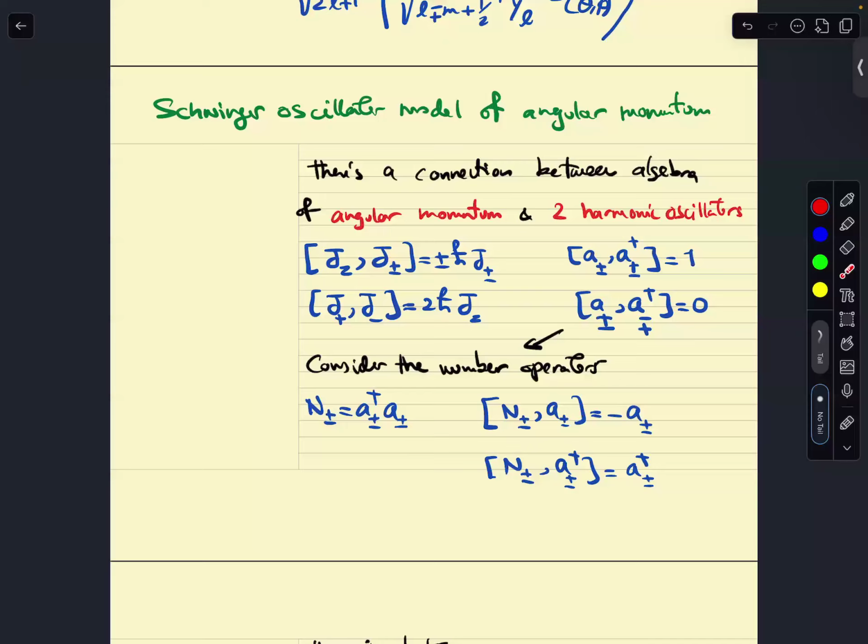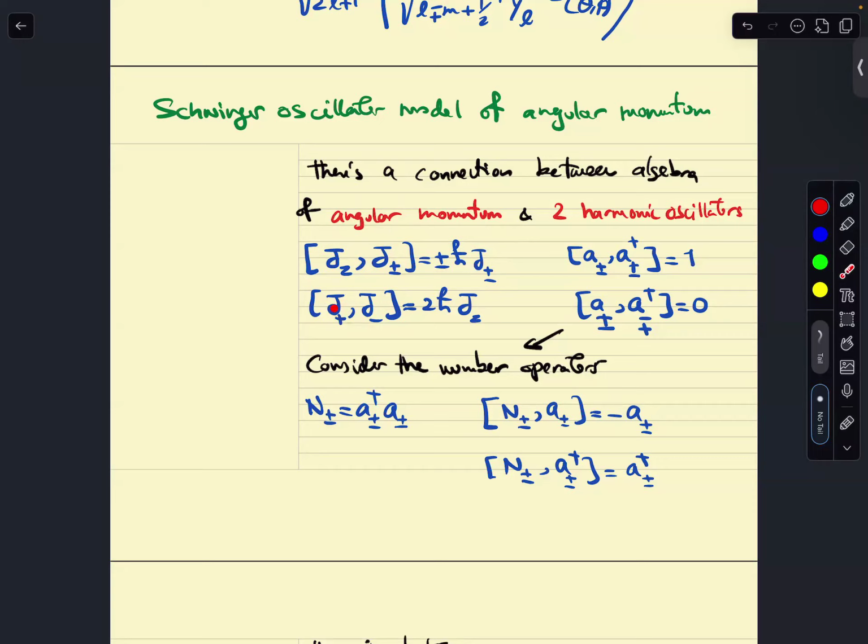It's certain statements about group theory, but that's basically the idea. The idea is that you relate the algebra of two harmonic oscillators, A and A dagger, so you have a pair of them, A plus and A plus dagger, A minus and A minus dagger, to the SU(2) algebra. Here's the SU(2) algebra. You have JZ, J plus minus, satisfying this, and I mentioned that this looks similar to raising and lowering operators.